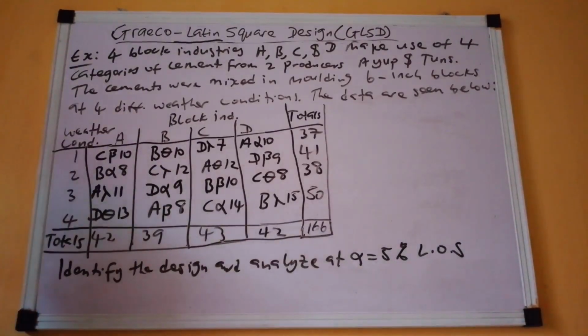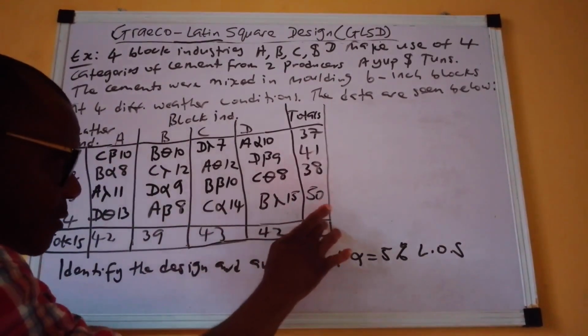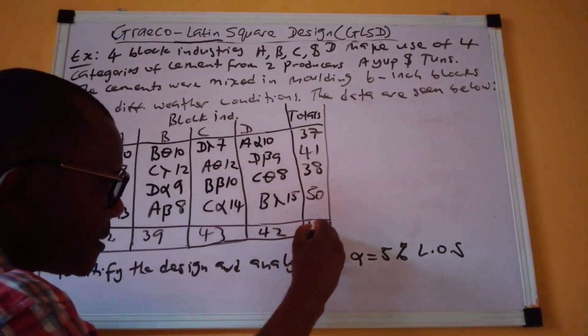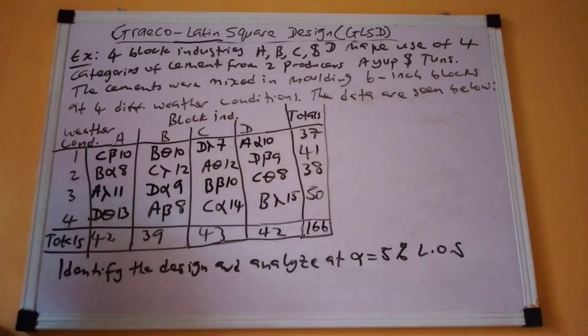That is the question. Now you have to identify the design. So the grand total here is 166. So we have to write it well, 166. That is the grand total here.